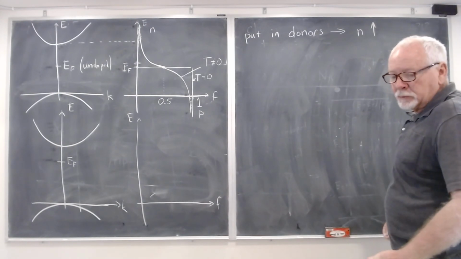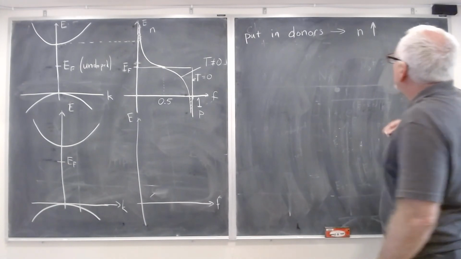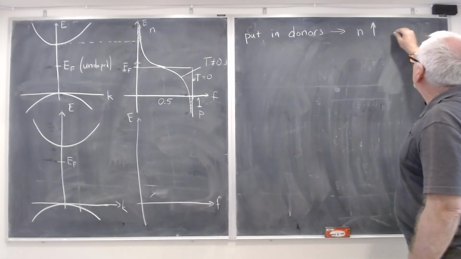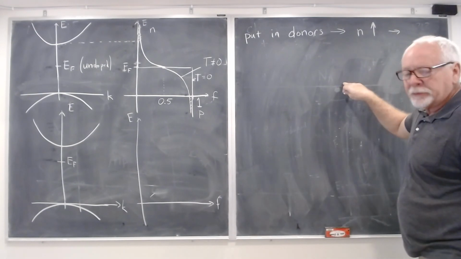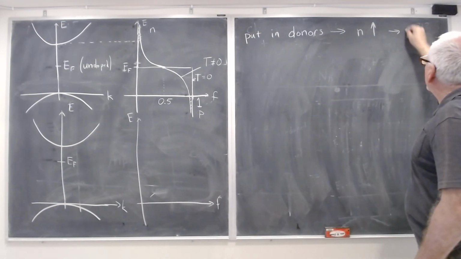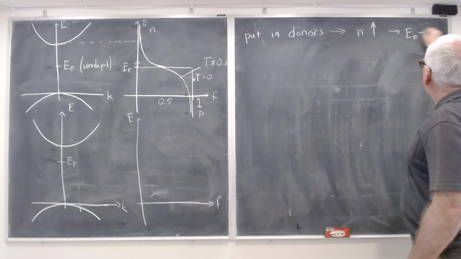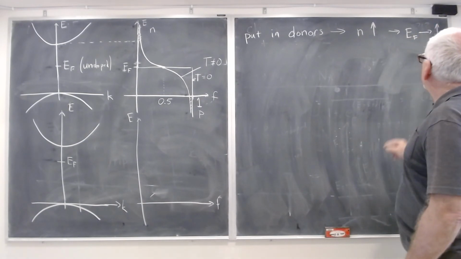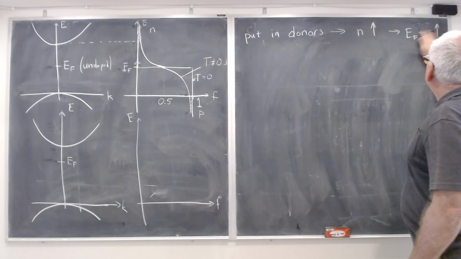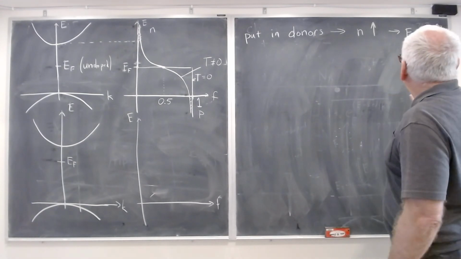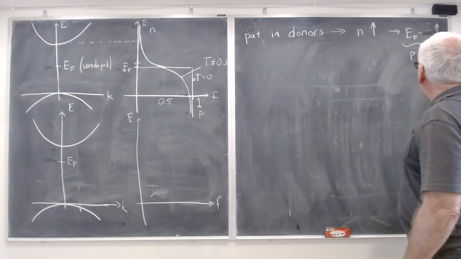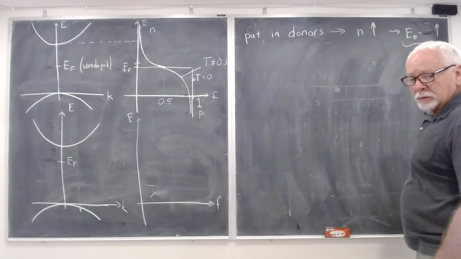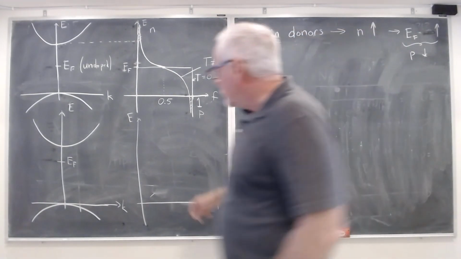Has to. But in order for that to happen and obey the Fermi-Dirac function, EF has to go up. And because of that, P goes down. All right, so let's draw it out.